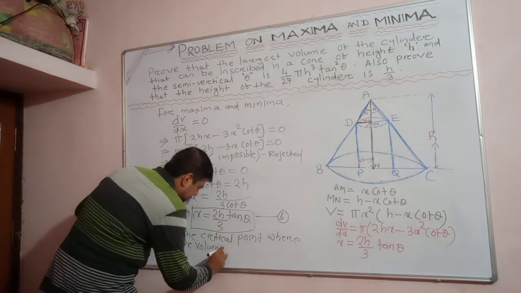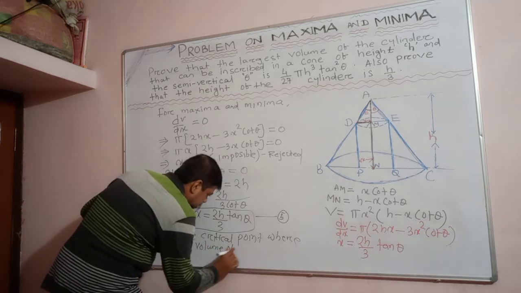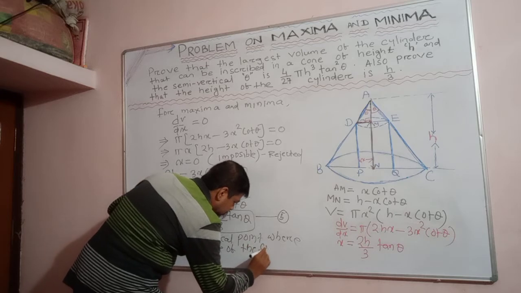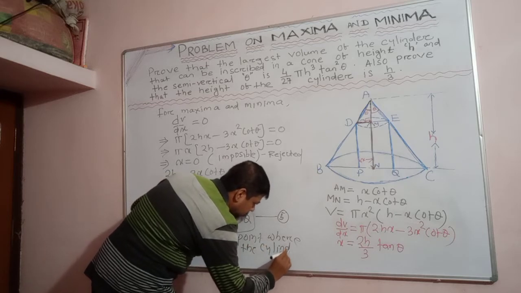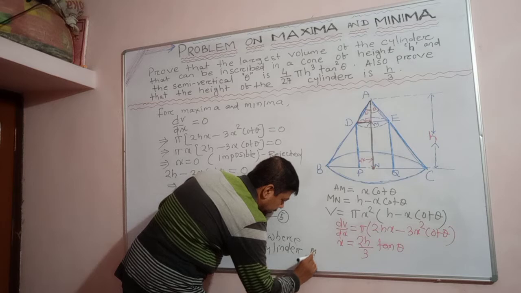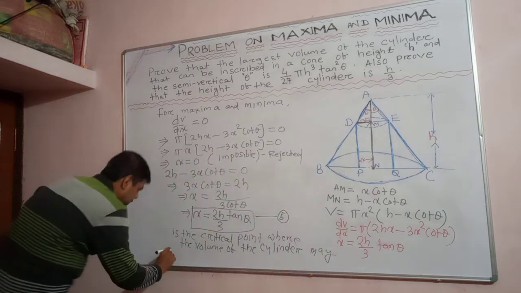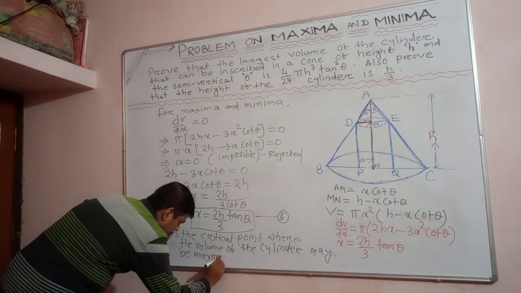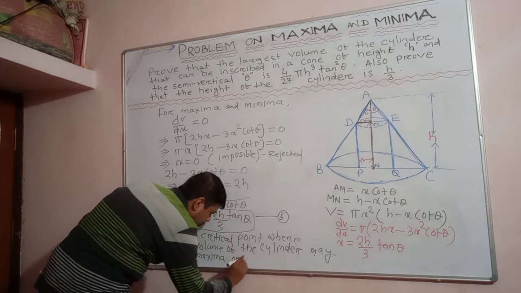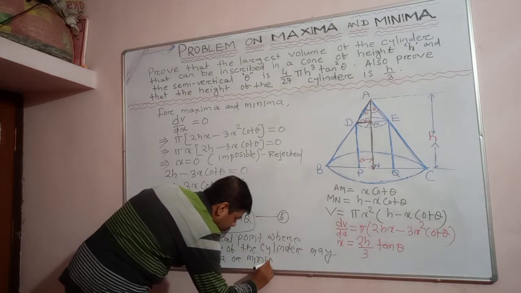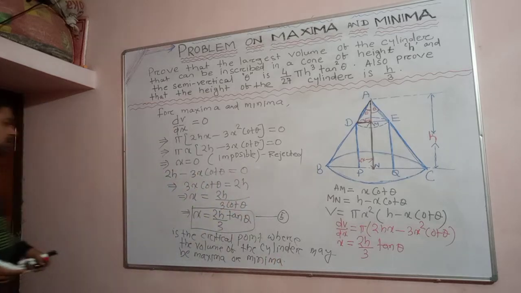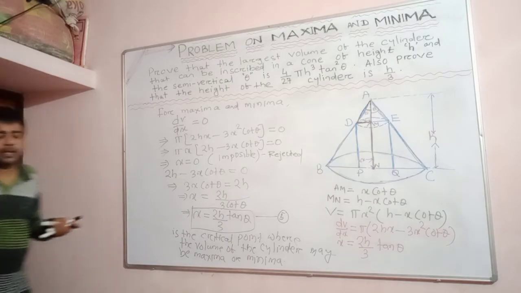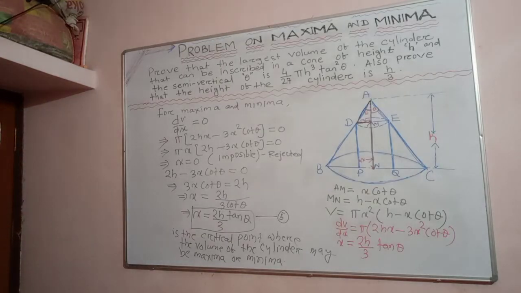The volume of the function may be maxima or minima. Okay, so x is equal to 2h by 3 tan theta is the critical point where the volume of the cylinder may be maxima or minima. Okay, are you clear?